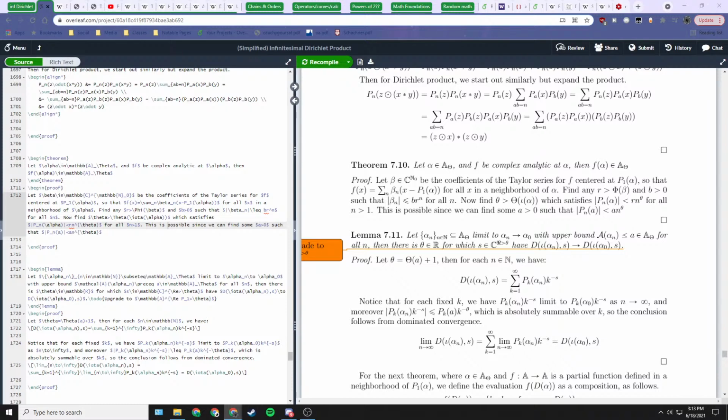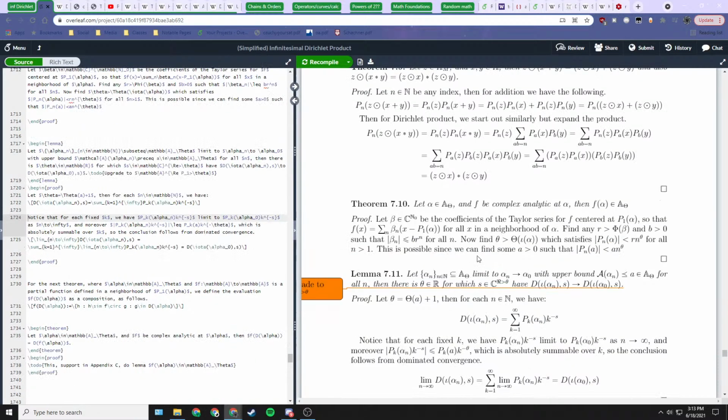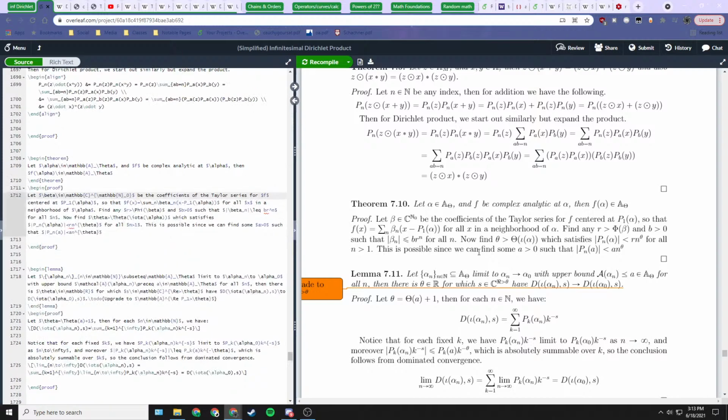Okay, I think I've got what we want. So we want to find a theta which satisfies this.